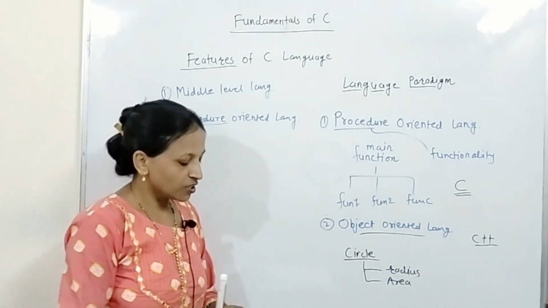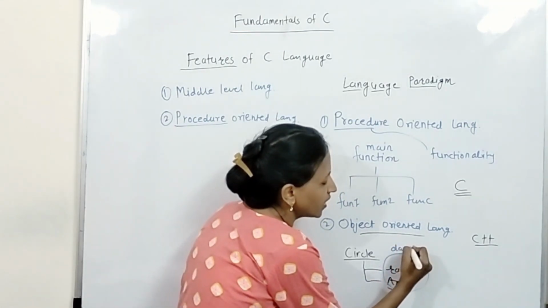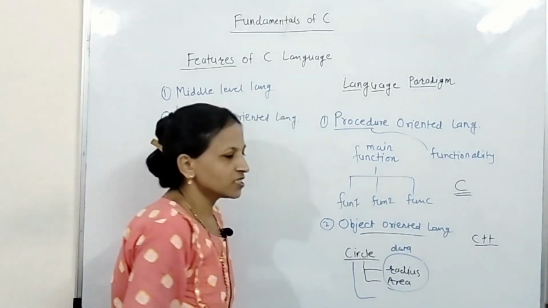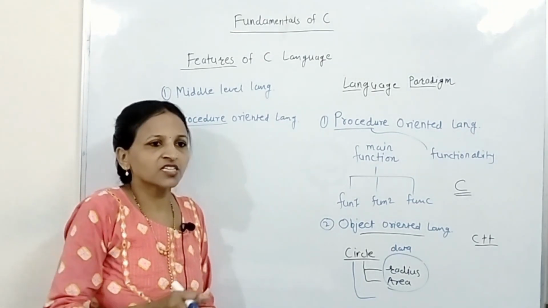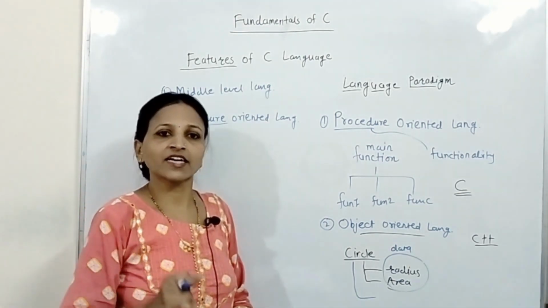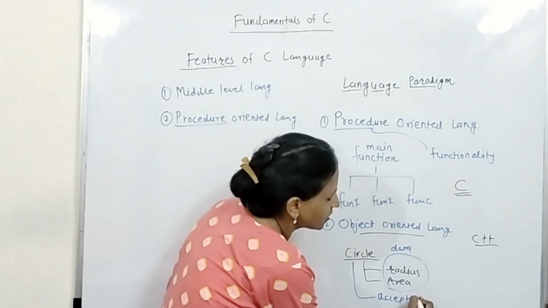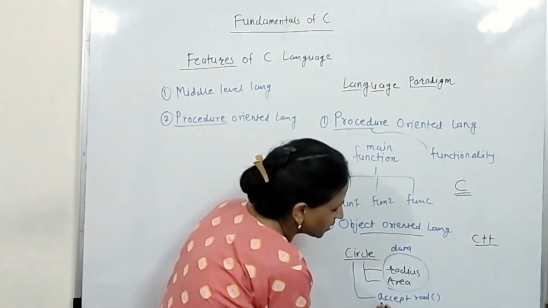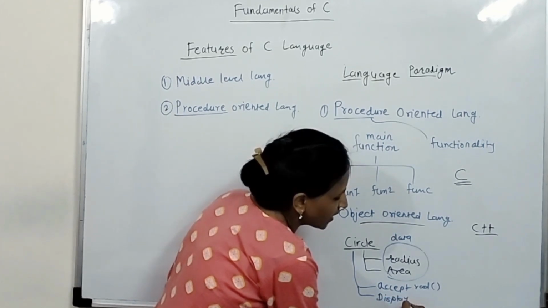This is actually called the data about this object. Now one more point: what is the functionality around this object? What functionality can we do with this object? First, we can accept radius, and second, calculate and display area.